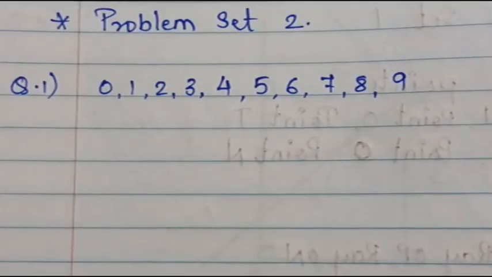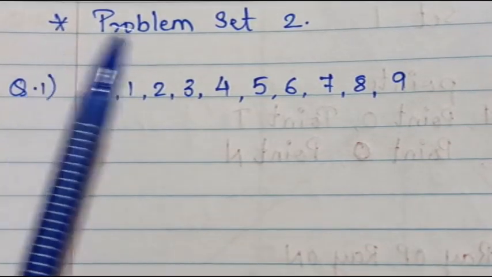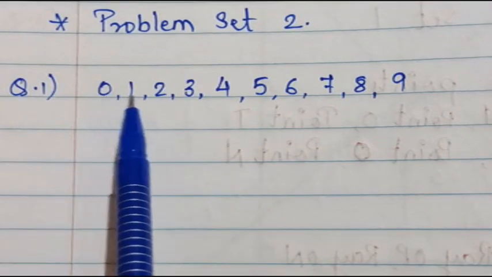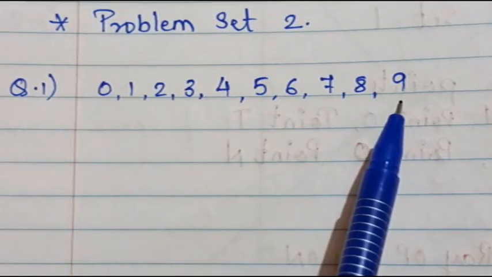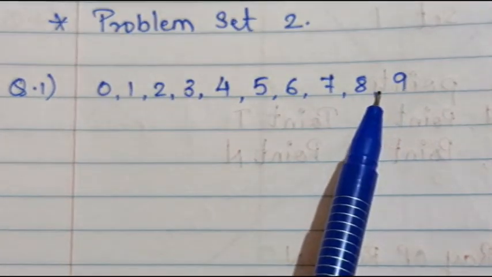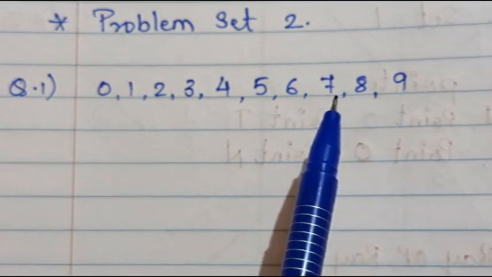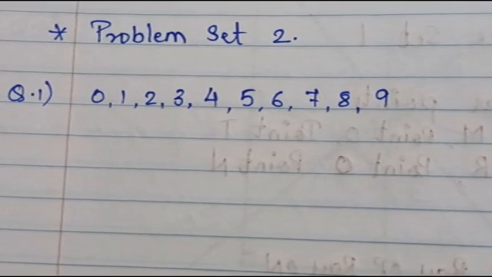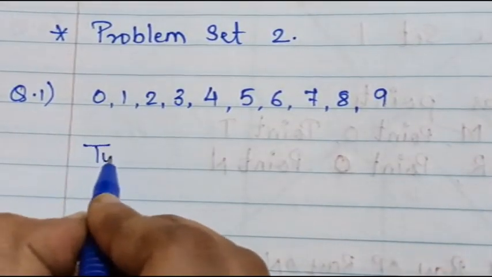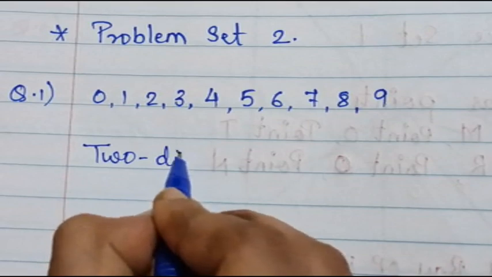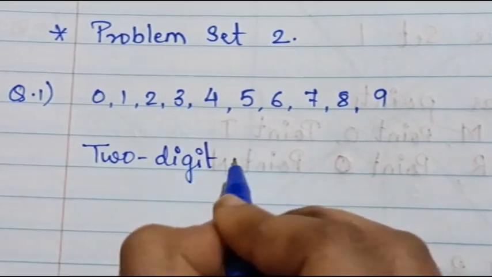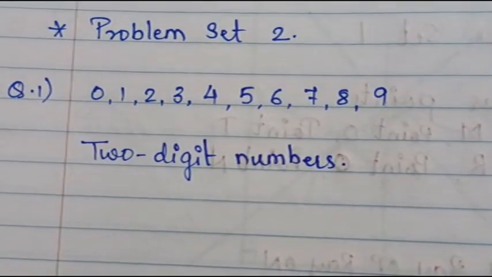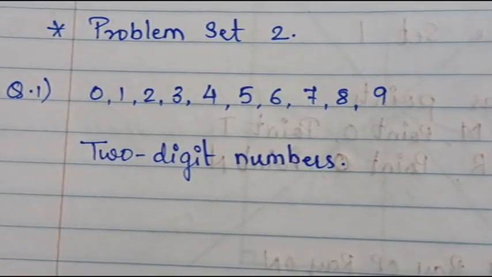Now students, in your maths notebook you will write like this: problem set 2, question number 1, and in that first you will write all the single digit numbers. First they want 2 digit numbers, and they want a total of 10 numbers.